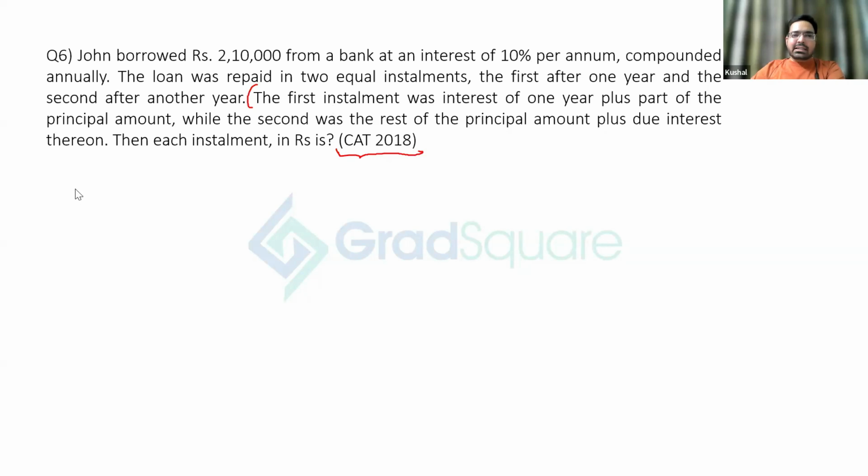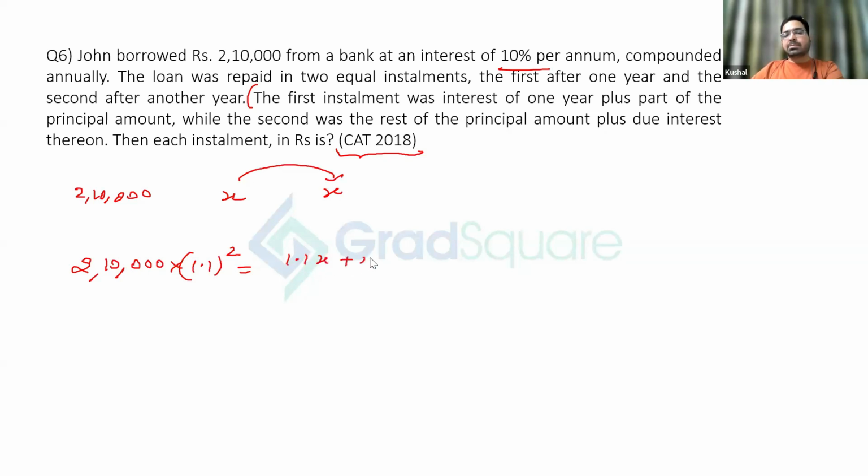John borrowed 2,10,000 rupees from a bank at 10% compounded annually. The loan was repaid in 2 equal installments of X and X. So 2,10,000 into 1.1 to the power of 2, and X needs to be increased by 10% for 1 year.